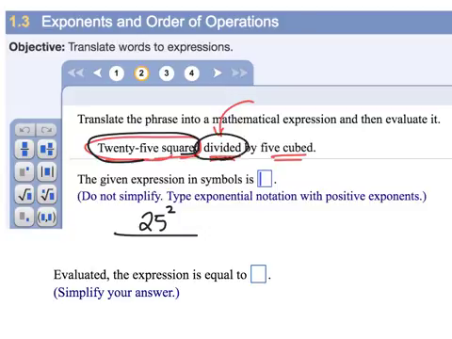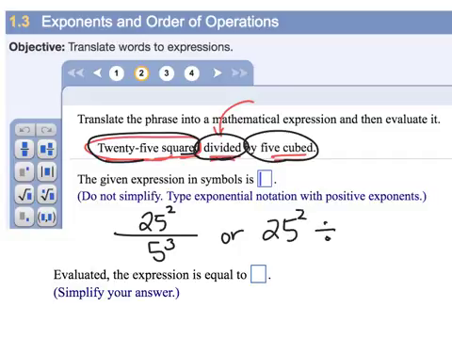Divide, I'm going to put a fraction symbol, 5 cubed. There you go. Now I could have, if I wanted to, put 25 squared divided by 5 cubed. But, you know, this is algebra class, so this is a more classy, more sophisticated way to answer it.